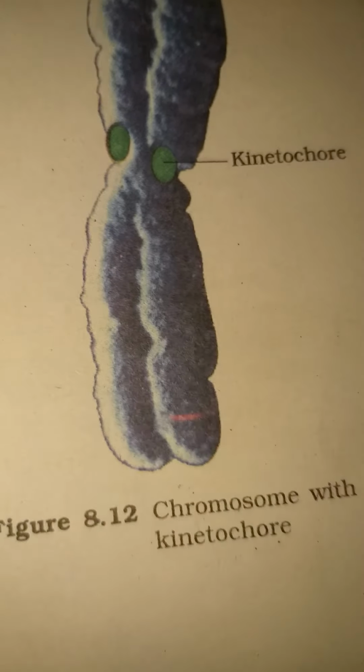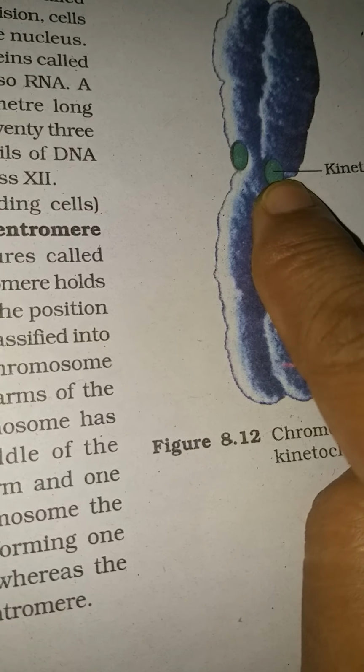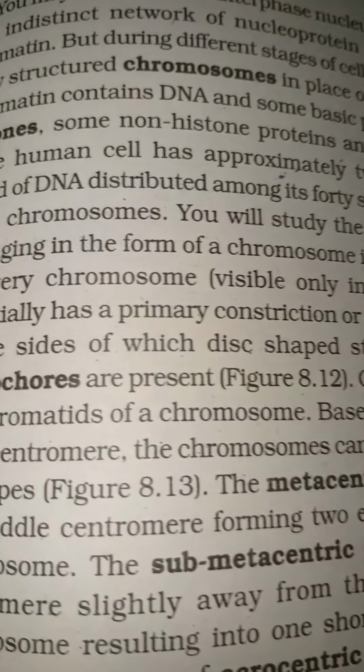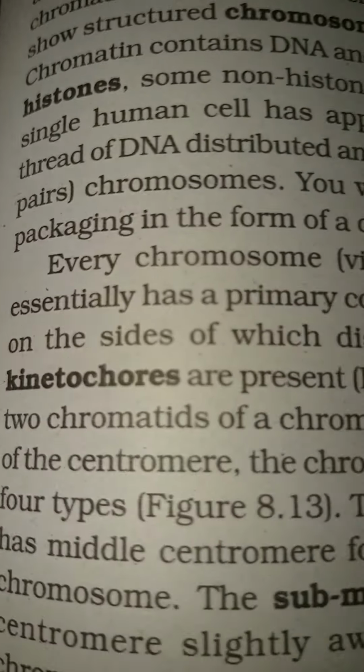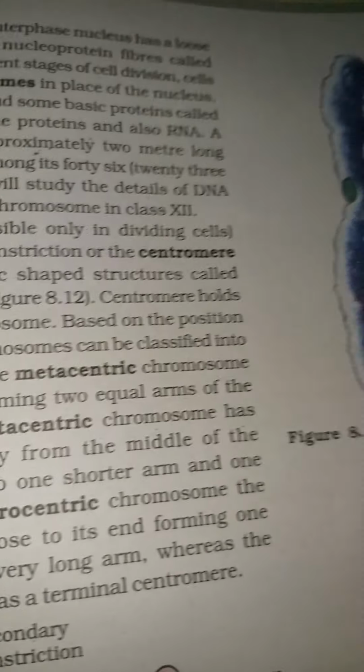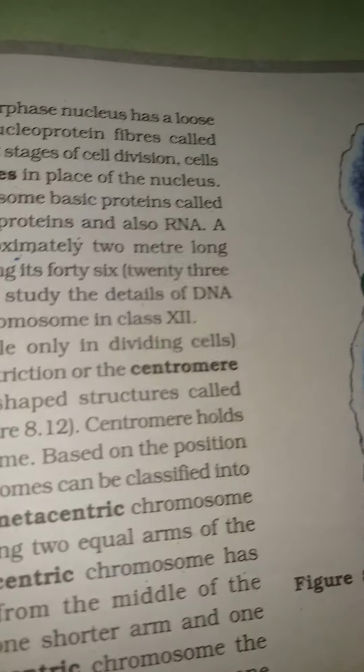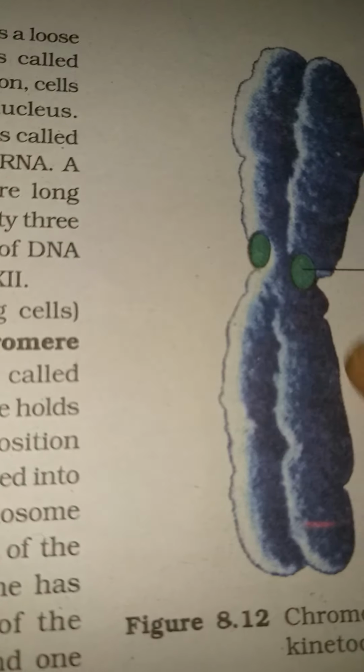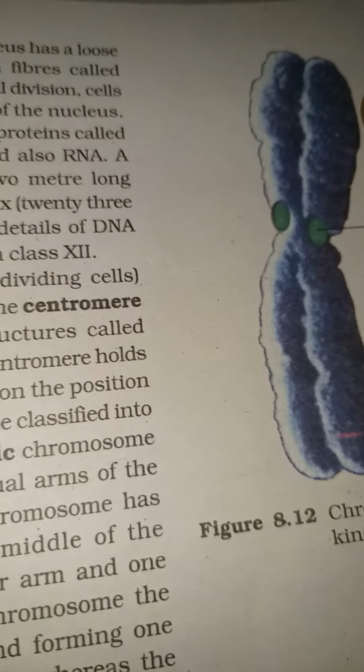This is a condensed structure of a chromosome. You find this kind of patch over here. That means it is a point of constriction, generally known as the kinetochore. And what is this made up of? This is made up of DNA and histone.